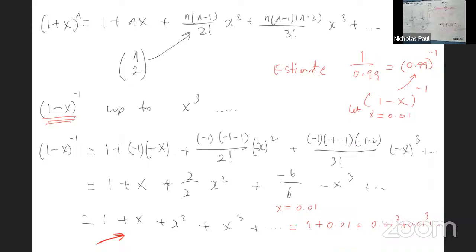All okay with that? 1 plus 0.01 plus so on and so on, right? Everybody okay with that? How much did you get? You can just check it. How much did you get? Like 3 significant figures, good.